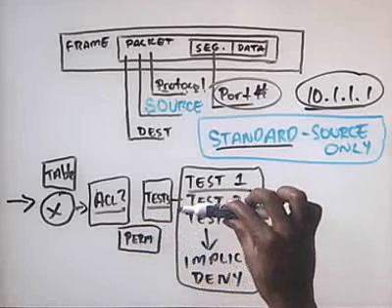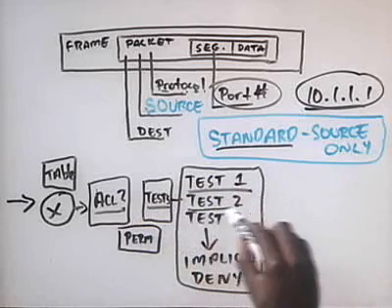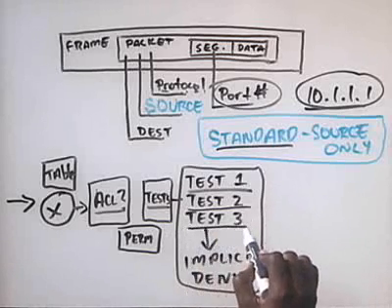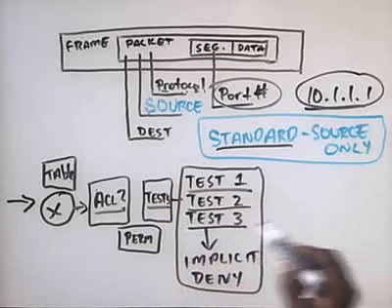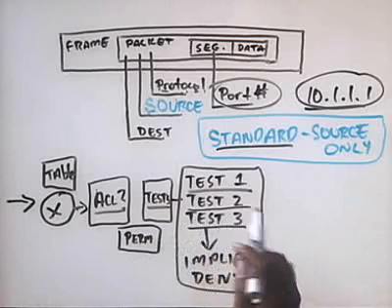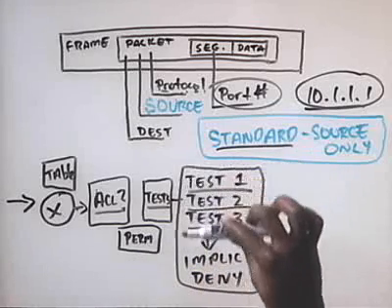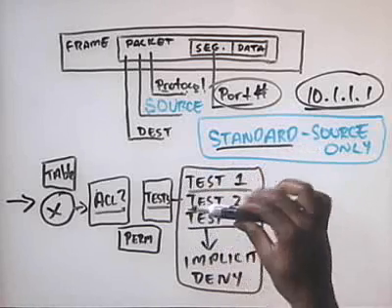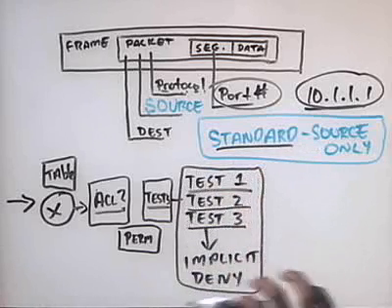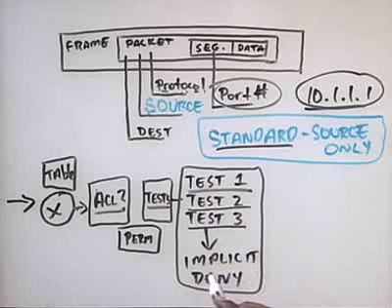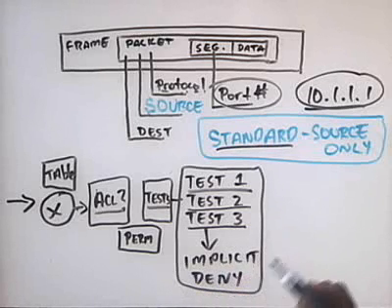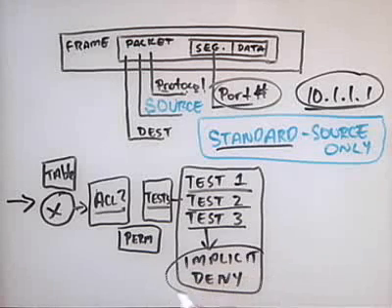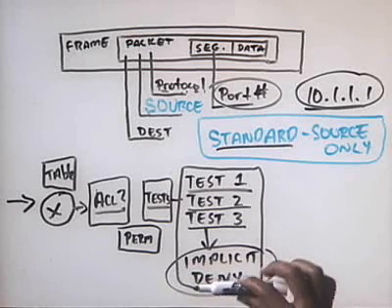If there is no match to that packet in that particular line, then the packet will move to be compared to line 3. If there's a match and it says permit, it's sent. If it says deny, it'll be dropped. If there's still no match after all of the different lines in the access list are compared, then the packet is compared to the final line in the access list, which is a line that you can't see, which we don't configure, but it's there by default, which is referred to as the implicit deny all.